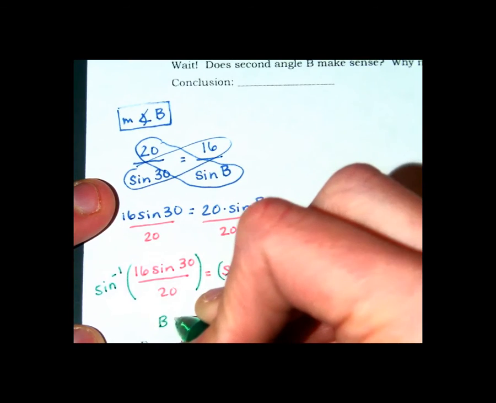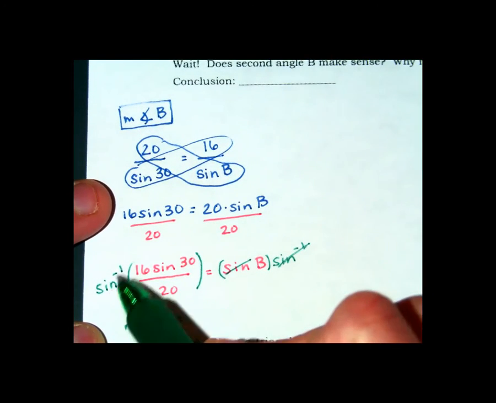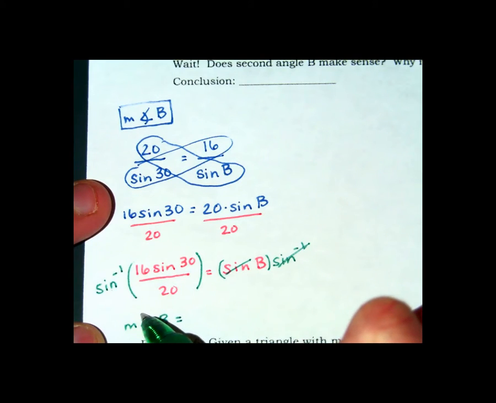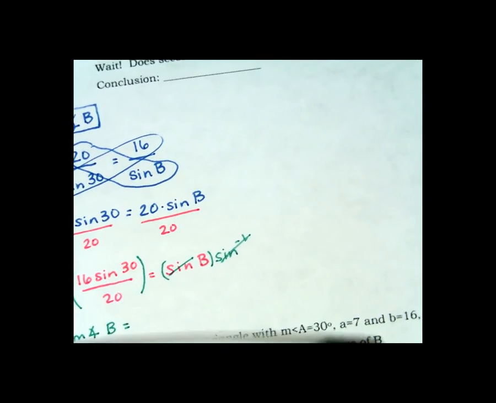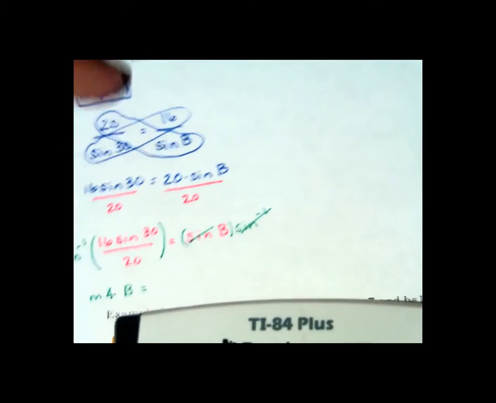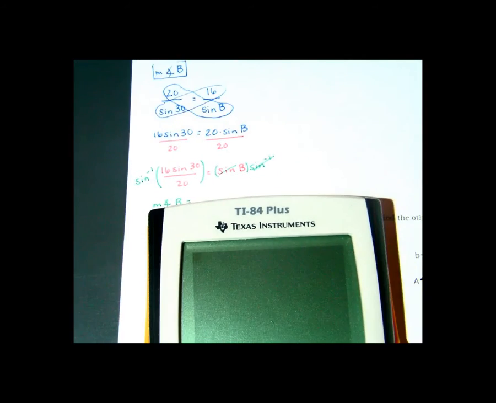B equals, type this in, sine inverse, parentheses, it will give it to you when you say it. 16 sine of 30 over 20. Now, if I were you, I would type all that in at the same time. But if you do, you need to make a fraction on your calculator. Do you know how to do that? It's been a little while since you've had to.